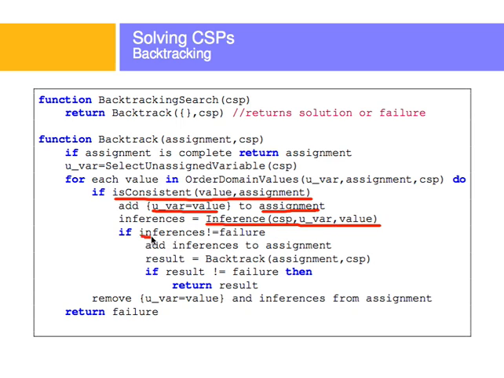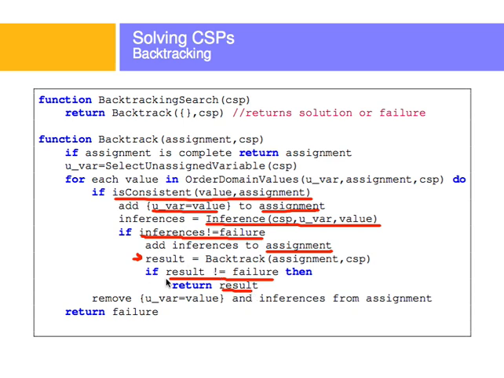If the inferences do not lead to failure, we're going to add all the assignments that we've inferred to the global assignments. Then we will just recursively call this function. At the end, once all the assignments are done, if the result is not a failure, then return that result.